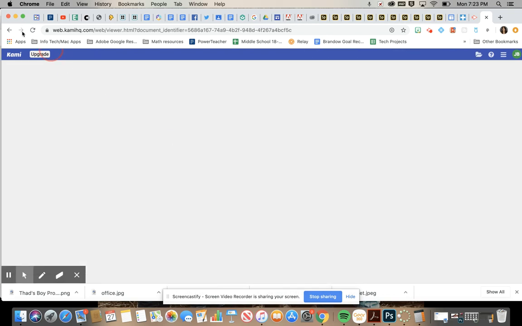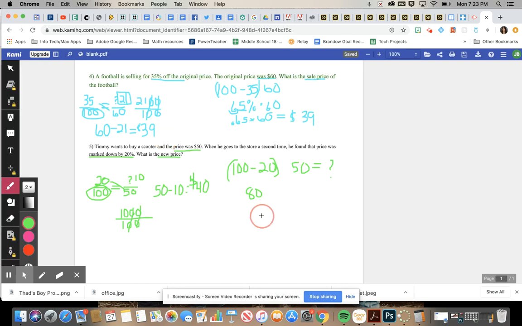Okay, 80% times 50, the price of the scooter originally. Before I multiply, I have to change 80% to a decimal.